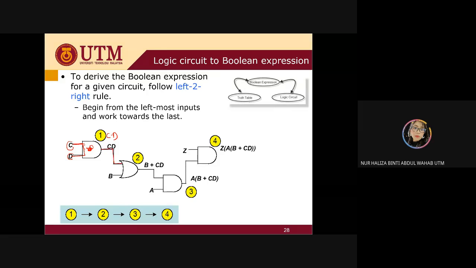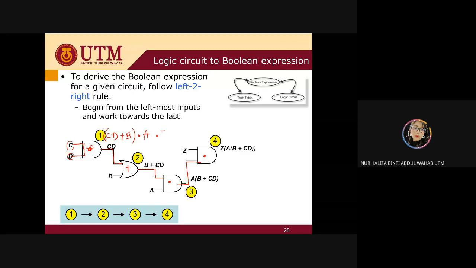And we meet with our addition. We add with our B. And we meet again with our AND. We will multiply. Don't forget it is multiply all. And multiply with our A here. And this one, we meet the dot again.